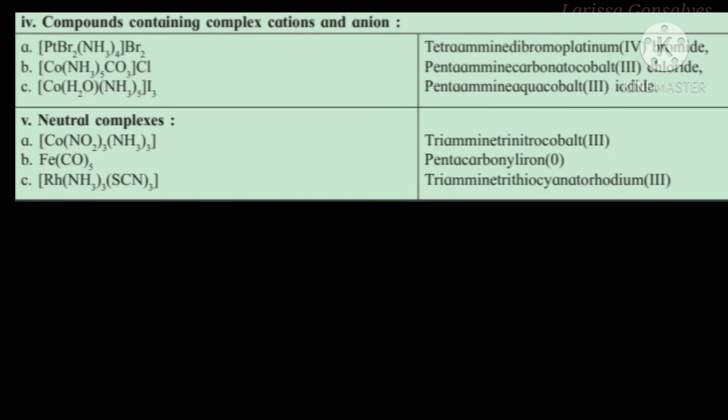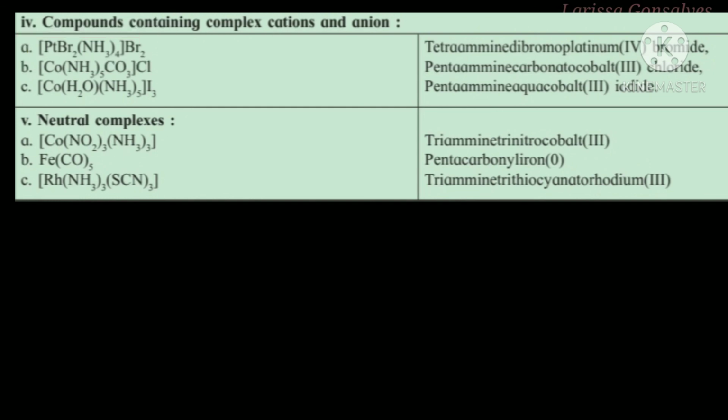The next set consists of compounds containing complex cations and anions. In the previous set we studied complex anions and metal cations. Now it is the opposite of it. So the first example is, inside the coordination sphere we have platinum Br2 (NH3)4, and outside the coordination sphere we have Br2.